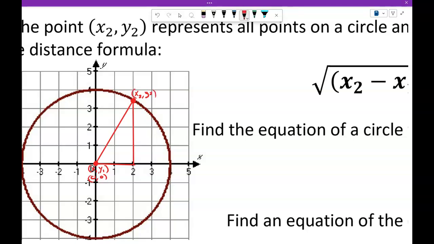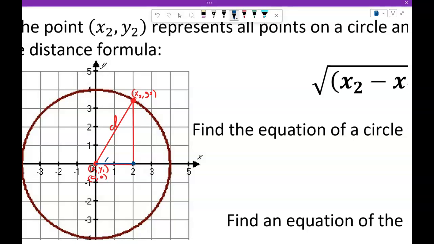If I want to find the distance to this point using the Pythagorean theorem, I first ask, what's the length of this leg here? To find the distance from one point to the next, I'm looking at the distance between the point 0 and the point 2 on the x-axis.